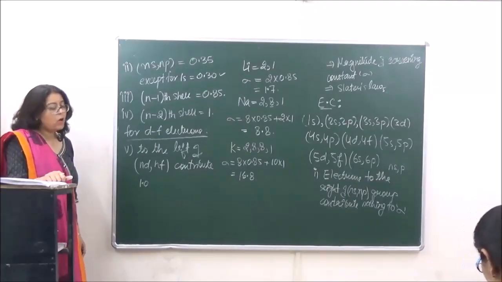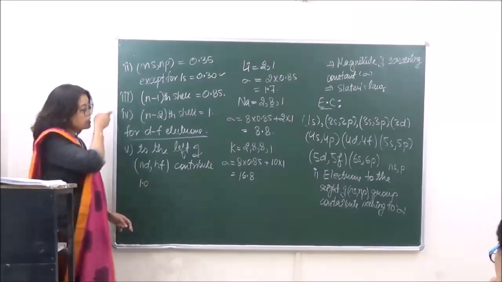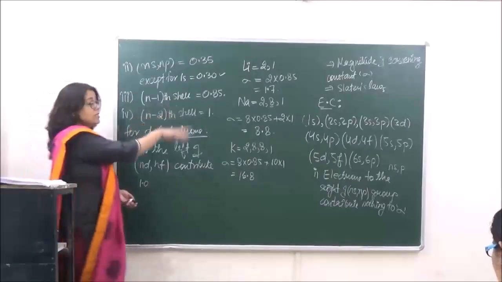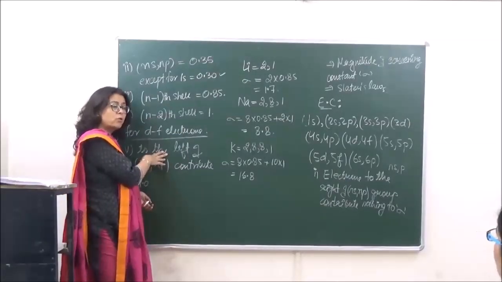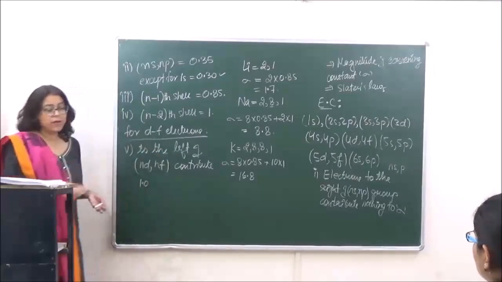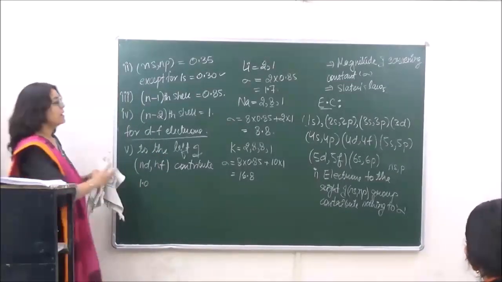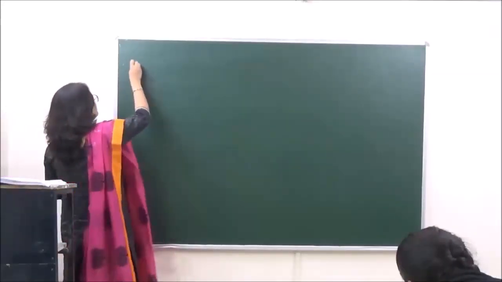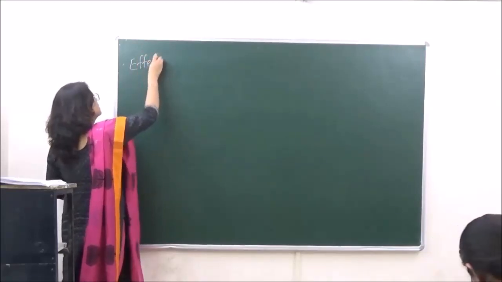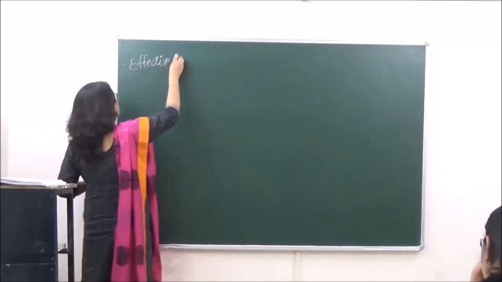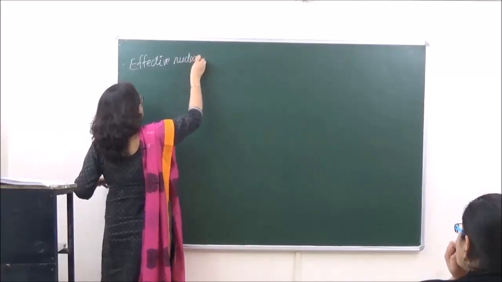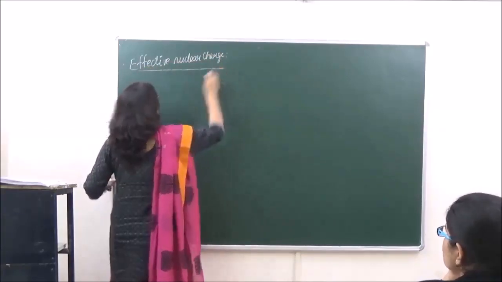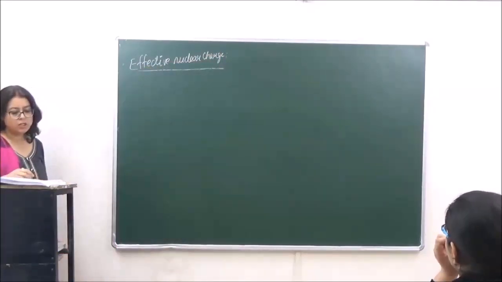Now, when we are talking of shielding effect, we come across another property known as the effective nuclear charge. All this that we are doing will help you understand the properties better. So the next one is effective nuclear charge. What do we understand by this term?